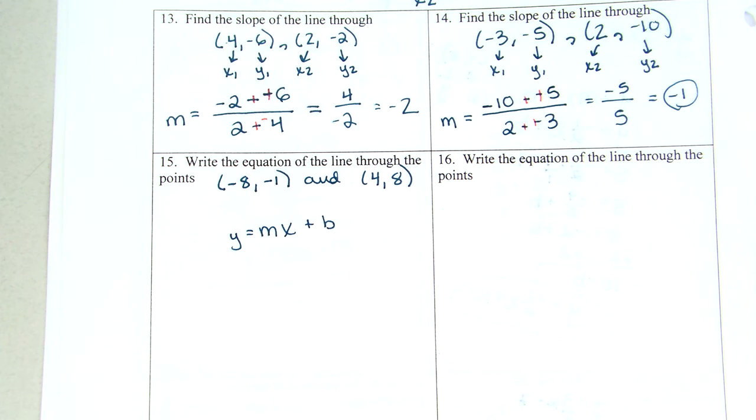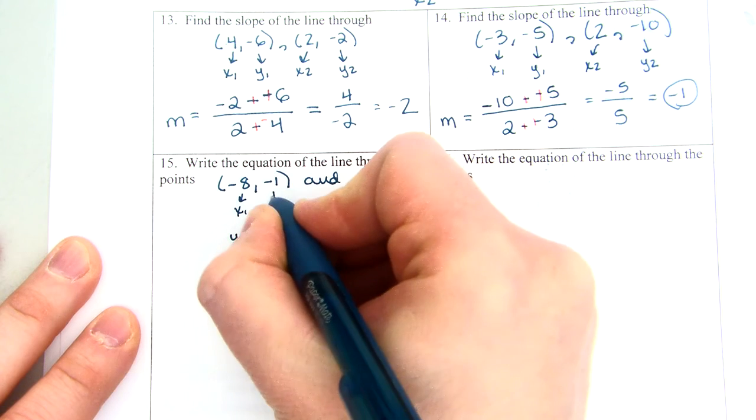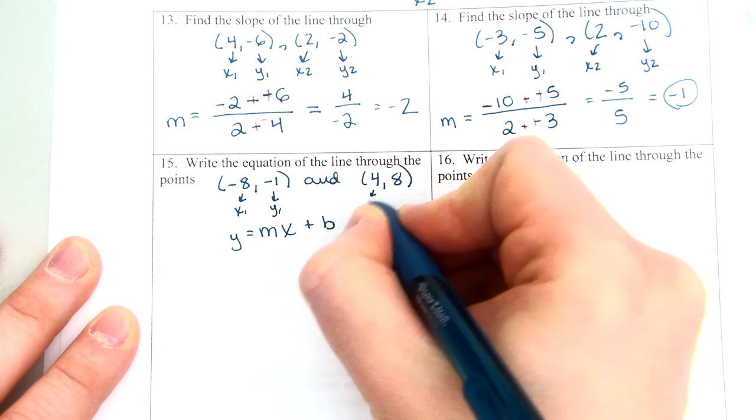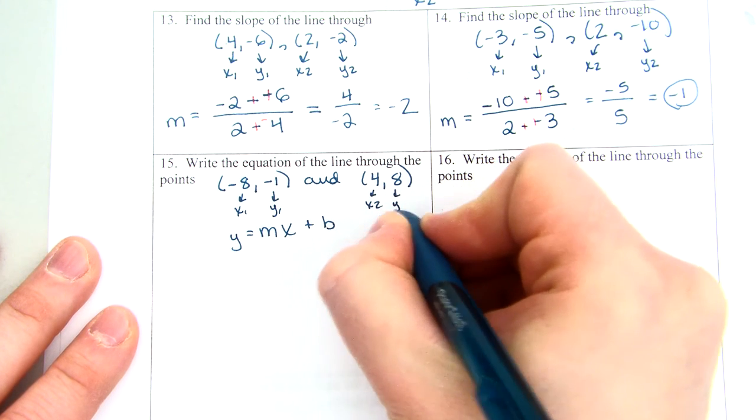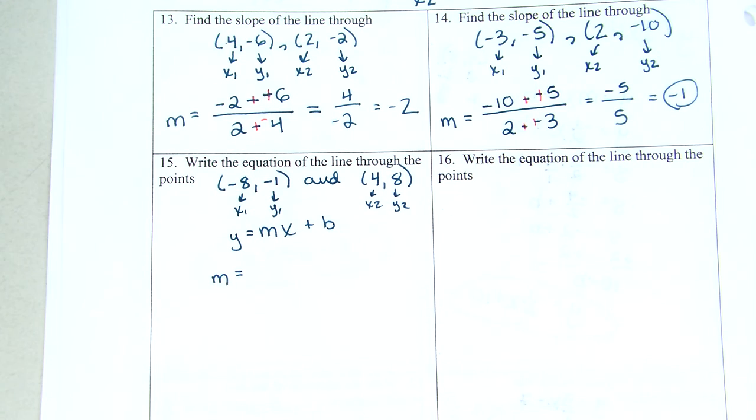I didn't tell you the slope. So what do we have to do first? Pedro. Yeah, we've got to use our slope formula to find our slope. I've got x1 over there, y1 over there, x2, y2. We're going to find our slope. How about you get the slope and then you stop? Just get the slope and then stop.